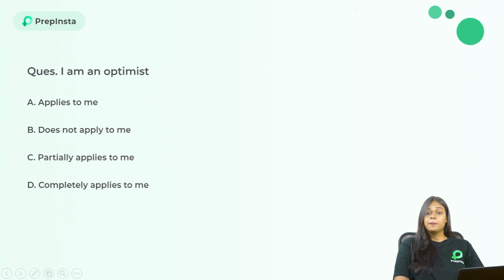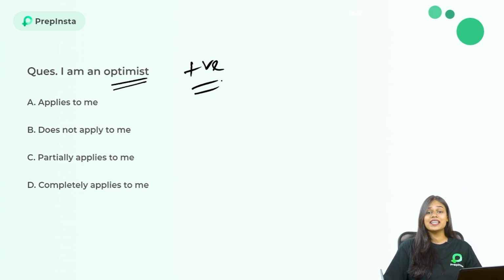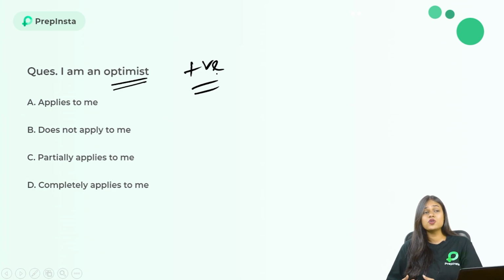All right, moving ahead. I am an optimist. Who is an optimist person? A person who always thinks positively, who always looks for the positive in everything. And this is the most important quality that a person should have. If you are pessimistic, if you don't have the capacity to think positive in every situation, you are not going to cross any hurdle at all, right?